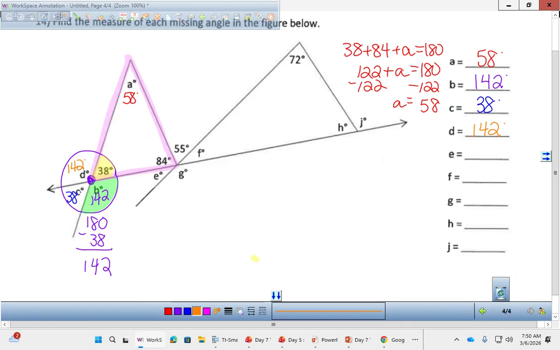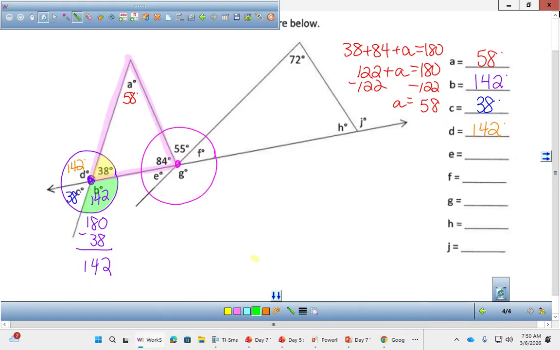All right, so let's make a new pizza. See if we can get anything from that. Let's look here. I've got this 84, right? That's given to me. And I've got this 55. That's given to me. I think I could probably do something to get F here. Any ideas of what the relationship between those three angles is?